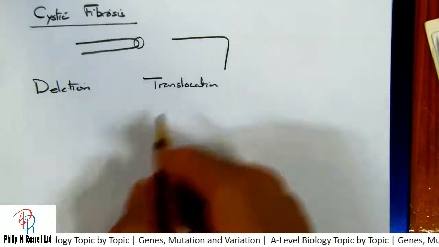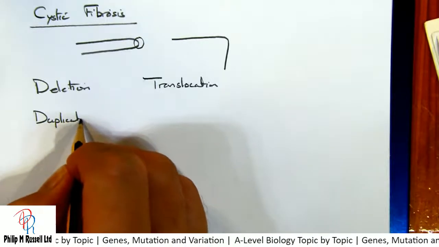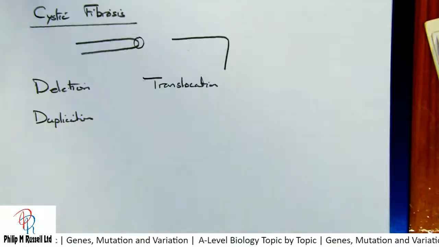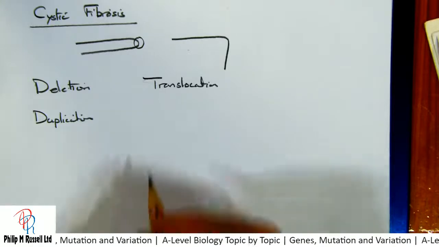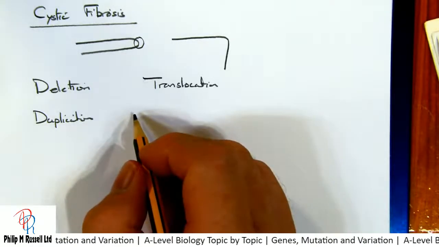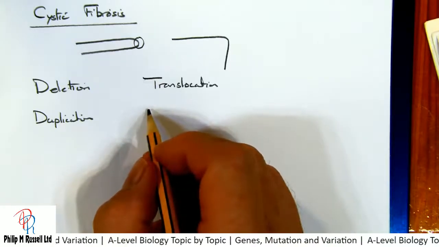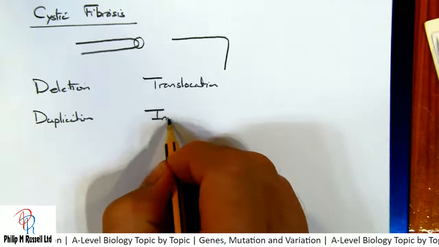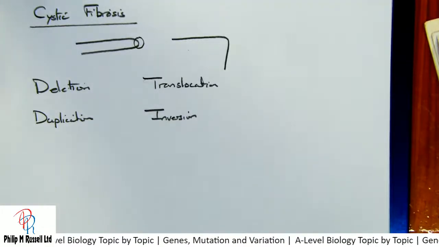We can get duplication of some of these sequences, and if the wrong strand gets broken off and put in, then we can get inversion of the base sequence.